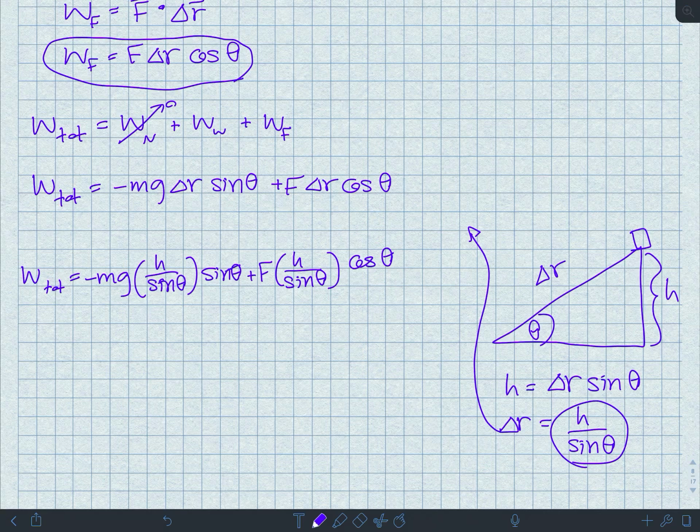Well, these sines cancel. So we get mgh. And then on the other side, we can write this as Fh over tangent theta.